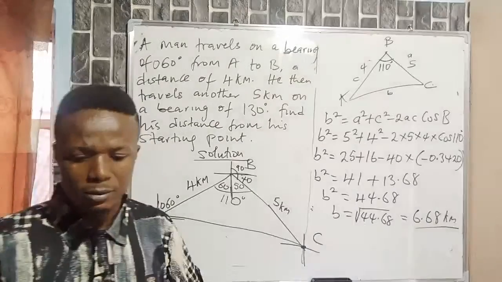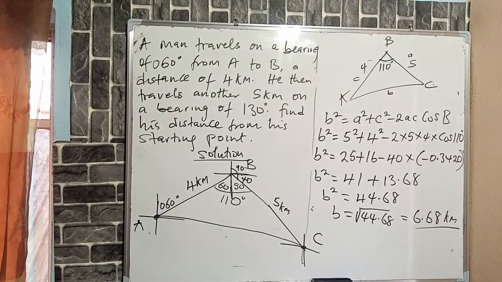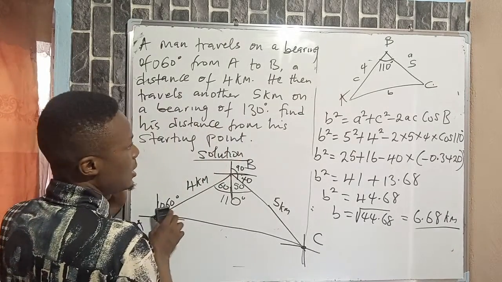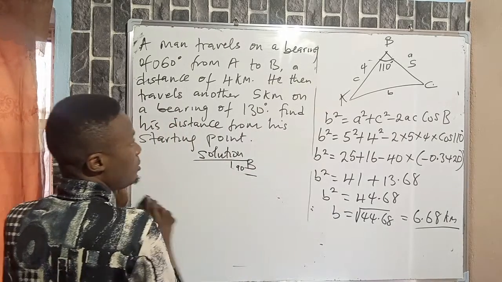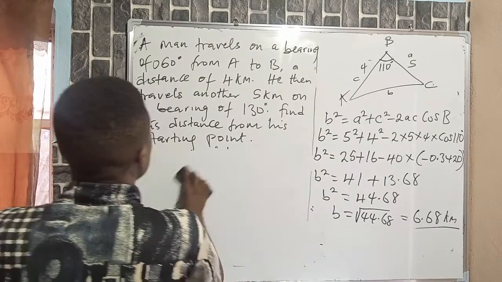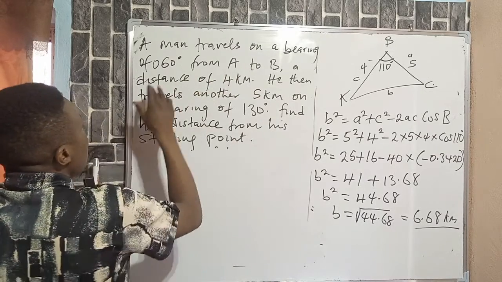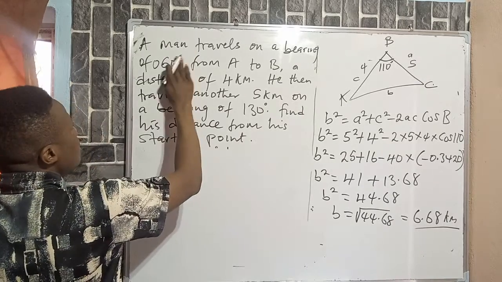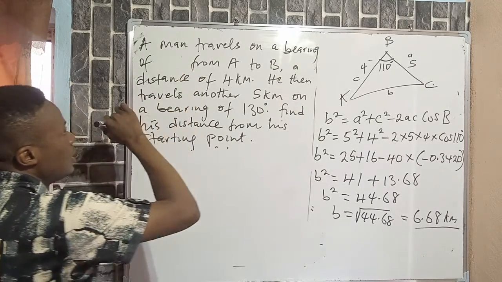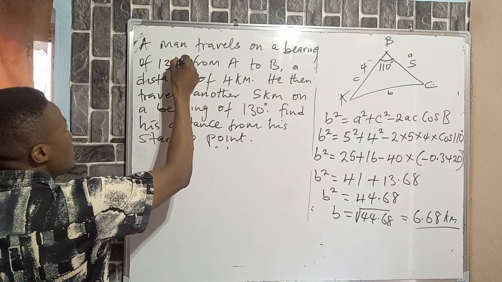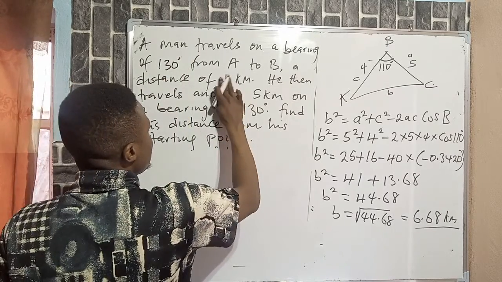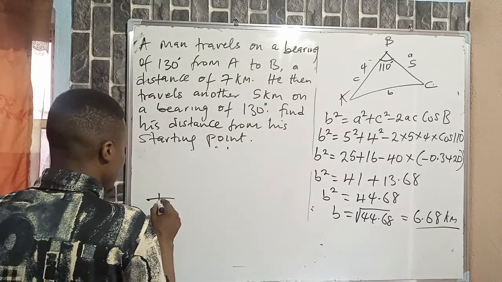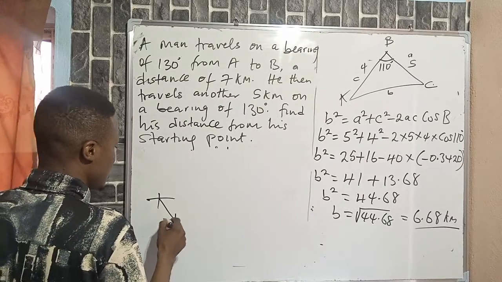So let's take more problems. Kindly write this down so that we can bring up another problem to see if we'll be able to get it correctly. So I'm cleaning here to bring up another problem of the same kind. Now, supposing a man travels on a bearing of, let's change the bearing to 130 degrees, a distance of 7 kilometers.